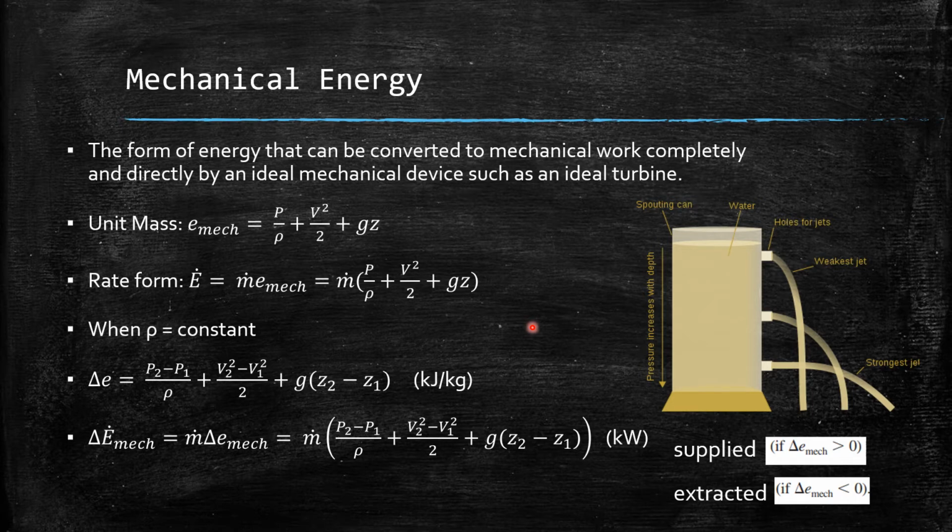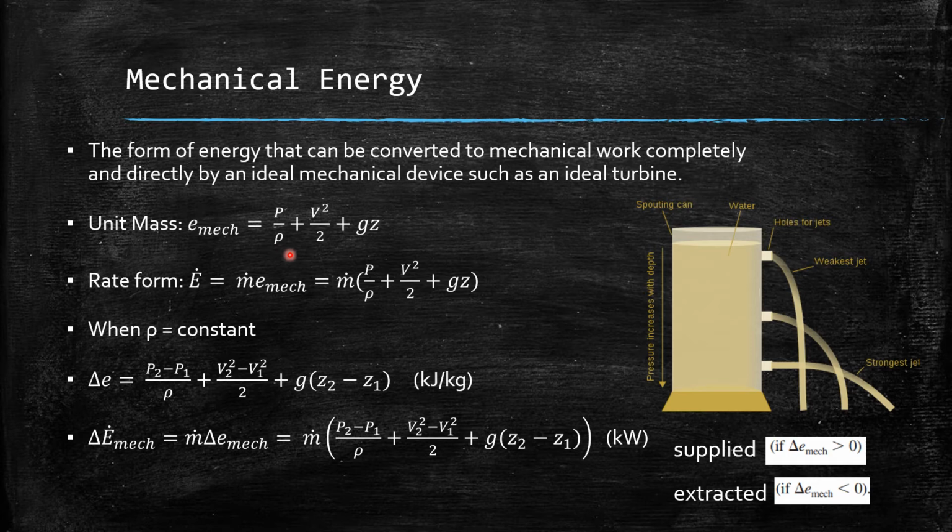Note that pressure itself is not a form of energy, but a pressure force acting on a fluid through a distance produces work, and it is called flow work, in the amount of the pressure over the density per unit mass. Flow work is expressed in terms of fluid properties, and it is convenient to view it as a part of the energy of a flowing fluid and call it flow energy.